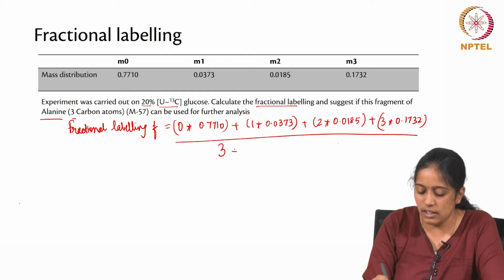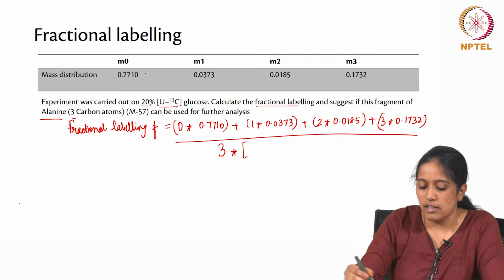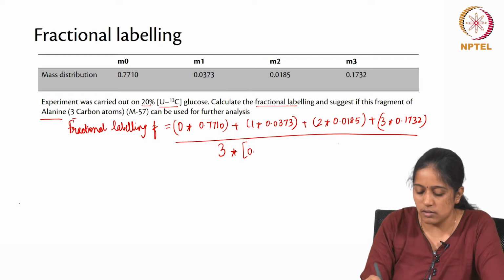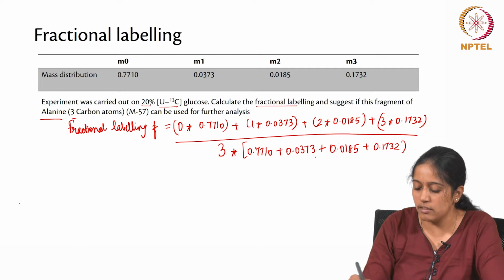So, you have 3 into the sum of all the mass distributions which is given here. That is 0.7710 plus 0.0373 plus 0.0185 plus 0.1732, and the sum in the denominator is going to be 1.